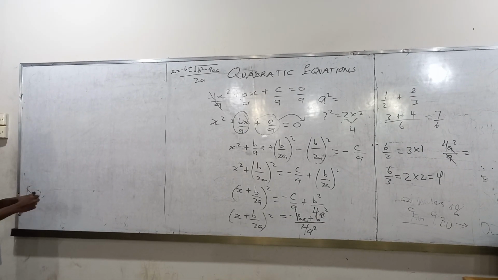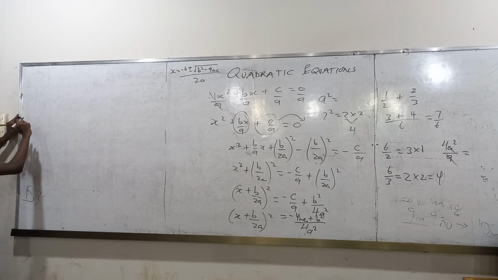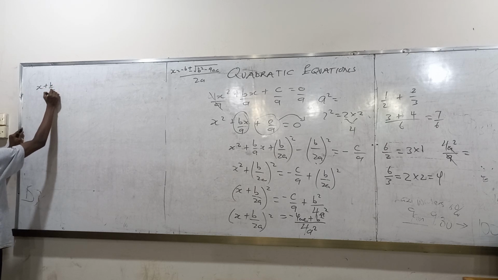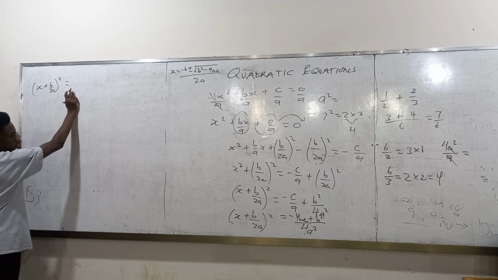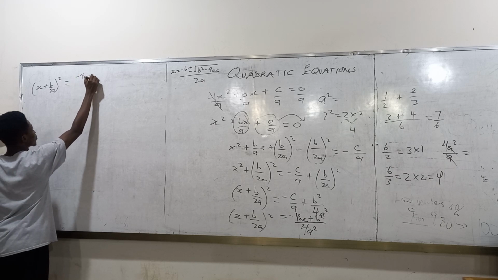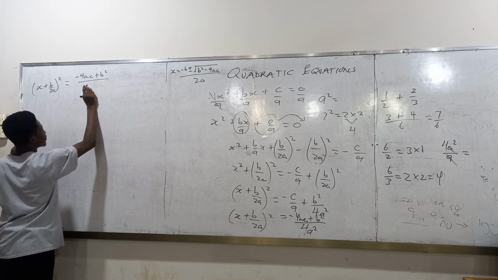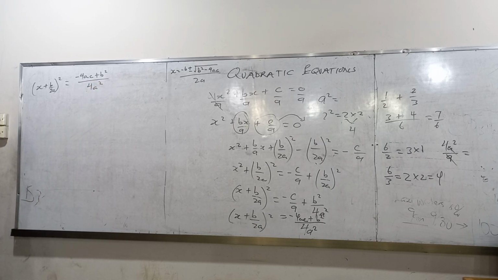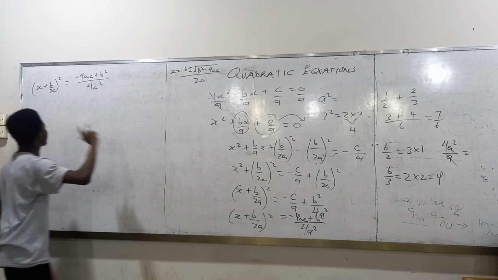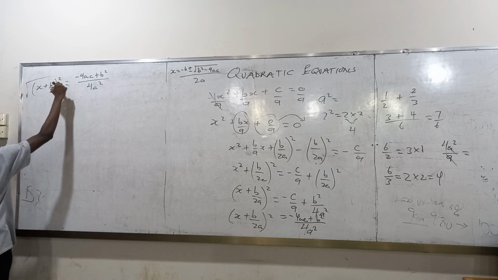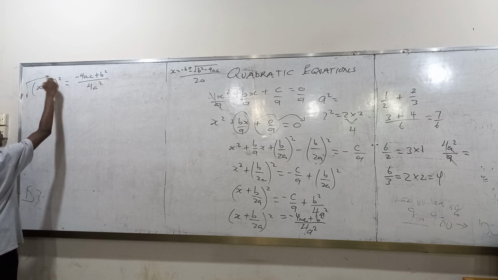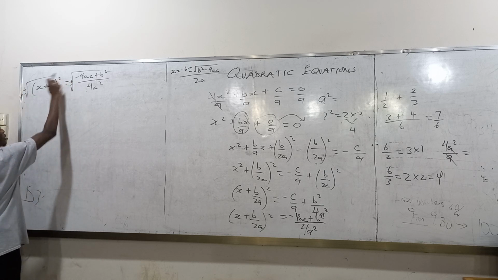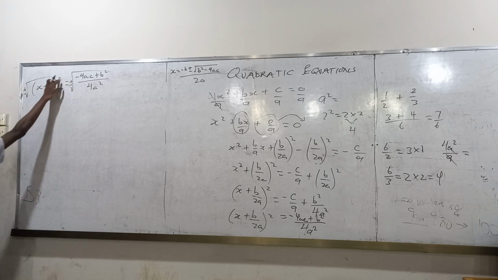So, okay, we continue here. From there, I want to write that part here so that you will see clearly what we are doing. Since we are making x the subject, the best thing you can do is to find the square root of this, so that we can cancel the power 2 here.